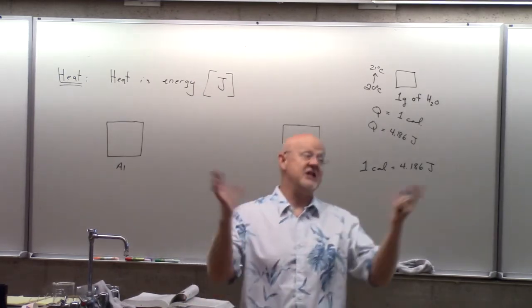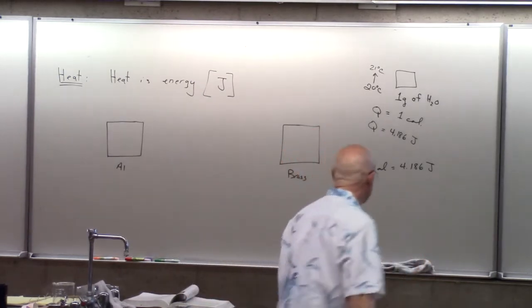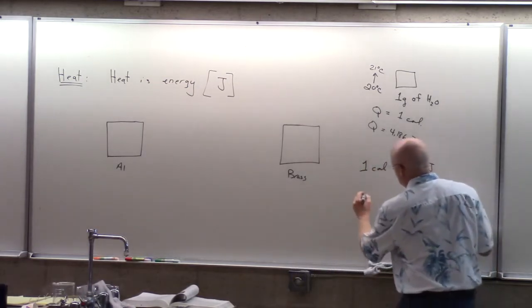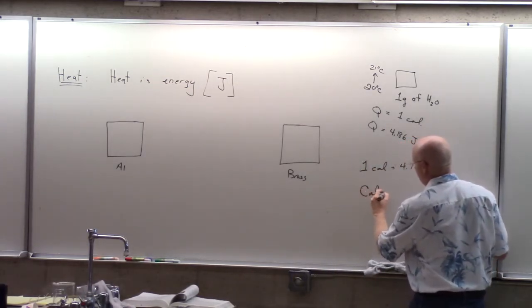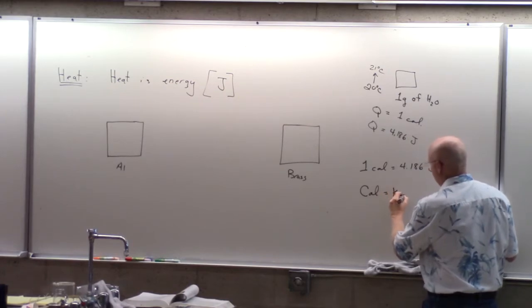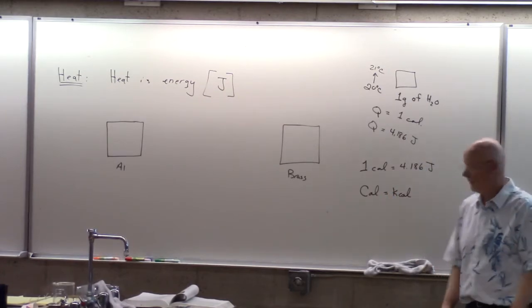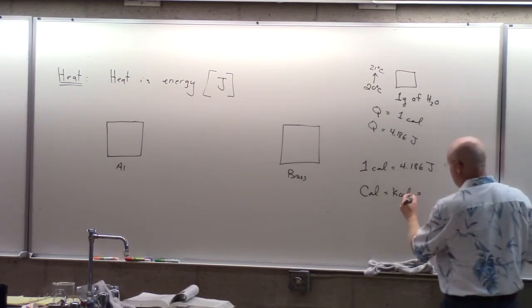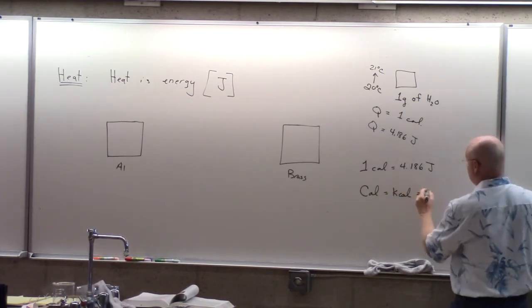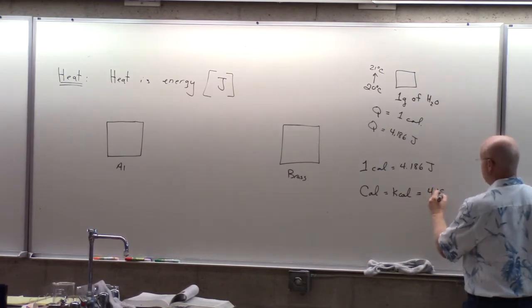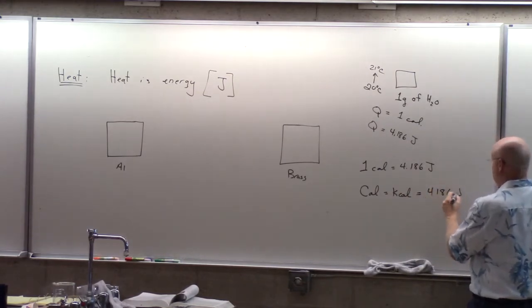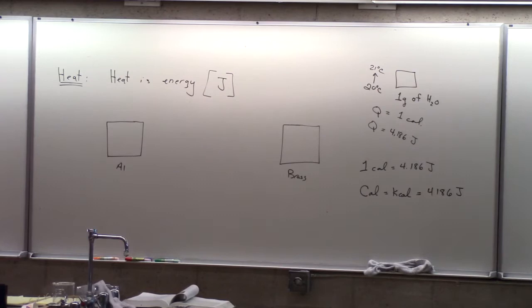I'll just call it 1,500 Calories. They mean capital Calories. For us, let's call it a kilocalorie. But then, of course, a kilocalorie being 1,000 times this is 4,186 joules.